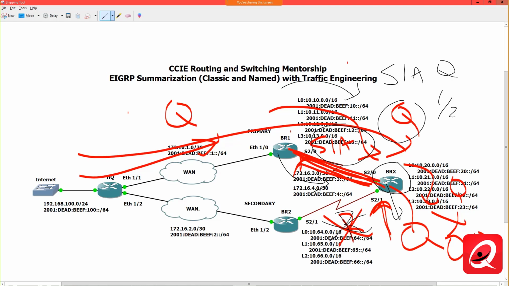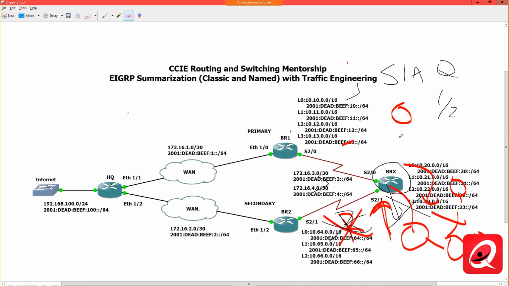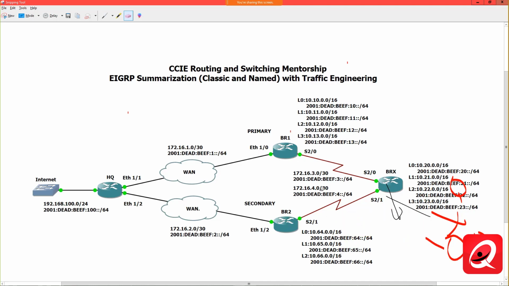Which means that if I don't get that reply, then I will reset that adjacency. And then once that adjacency gets reset, I can reply to that peer saying, I don't have a route. Go ahead and do whatever you need to do for that destination, that prefix.